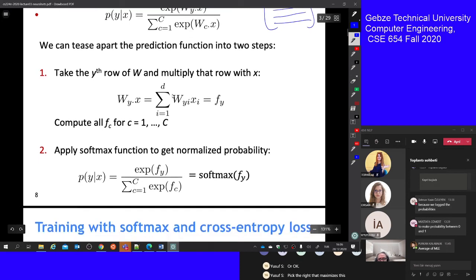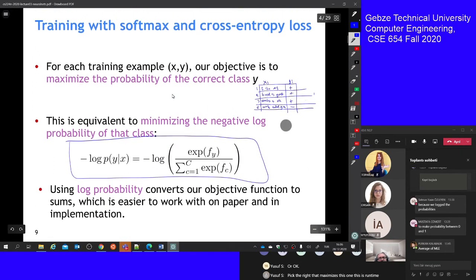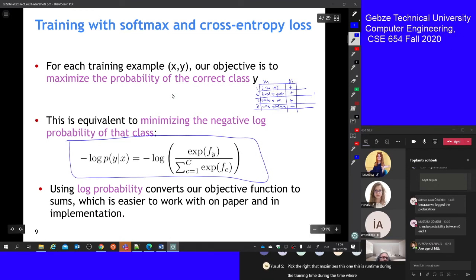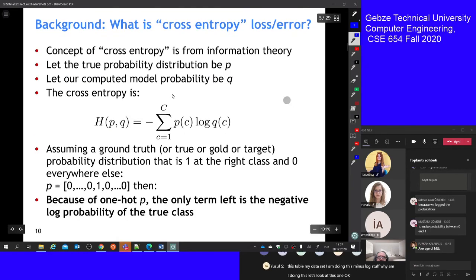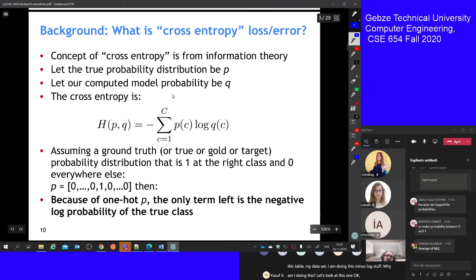This is runtime. During the training time, when I am trying to learn this table, my data set, I am doing this minus log stuff. Why am I doing this? Let's look at this one. This is called cross entropy loss error.